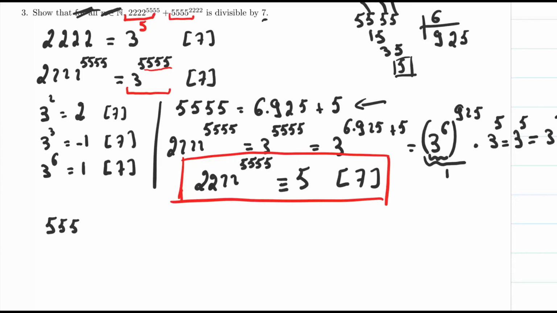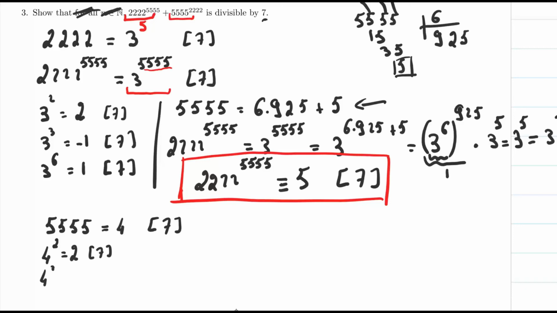So when I divide this number by 7, I have a remainder of 4. And now when I start calculating the powers of 4, so 4 squared is 16, which is 2 modulo 7.